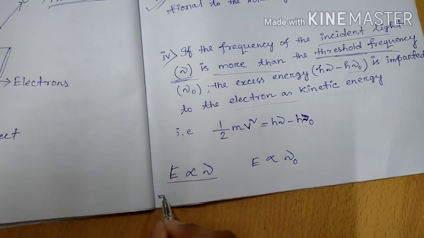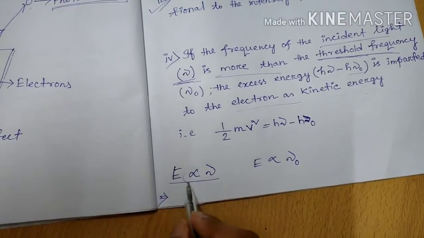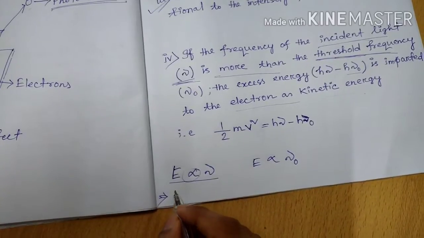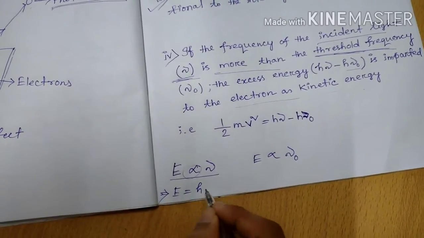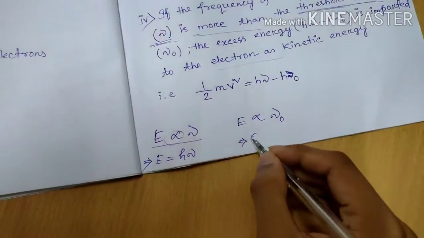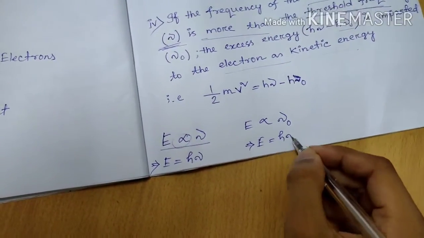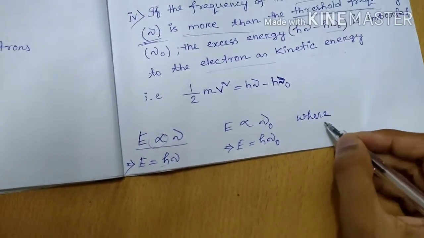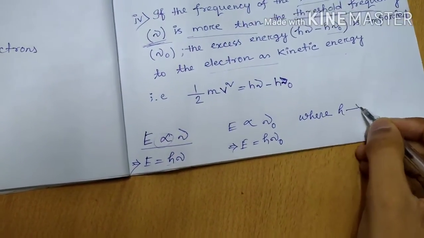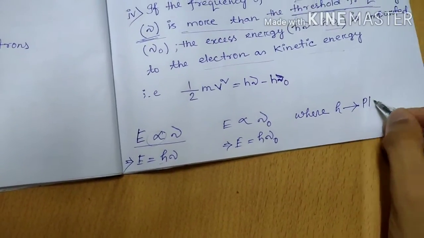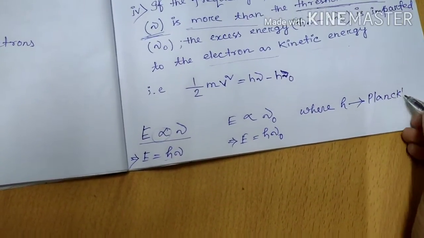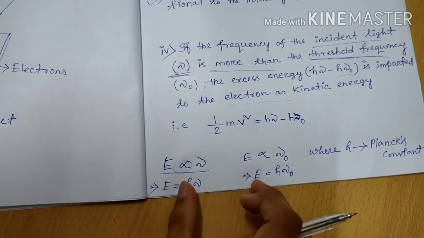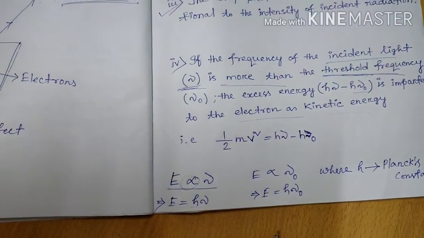Now if we eliminate this proportionality, then one constant will come, that is E equal to h nu, and here E equal to h nu naught, where h is equal to Planck's constant. Okay, so from this, what will be the excess energy?